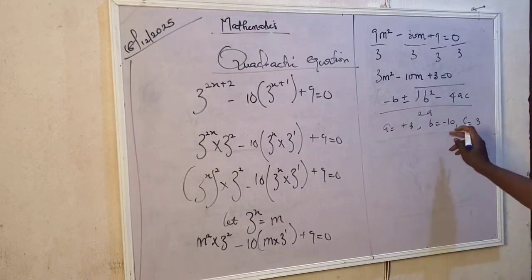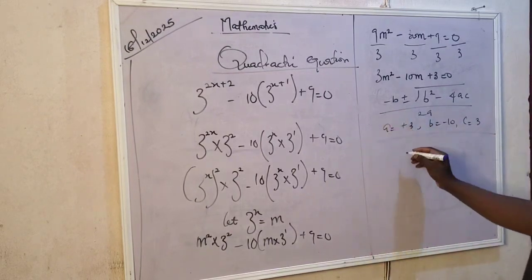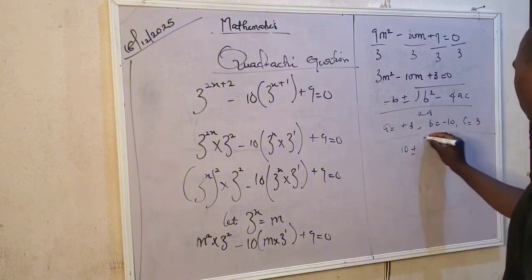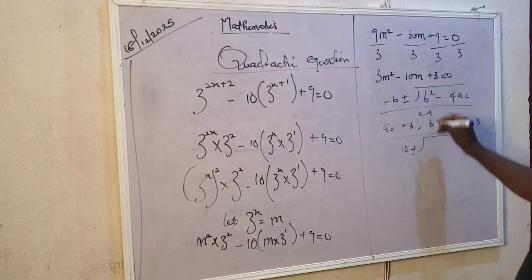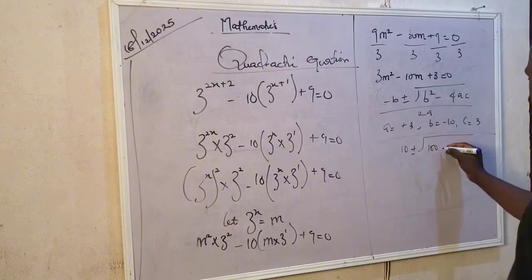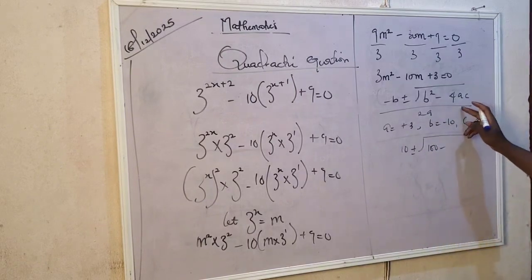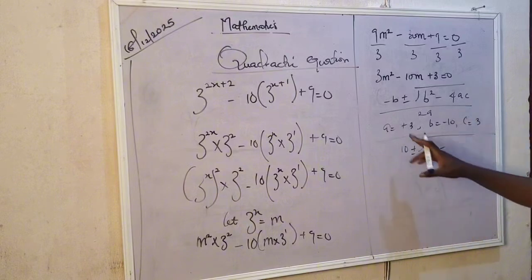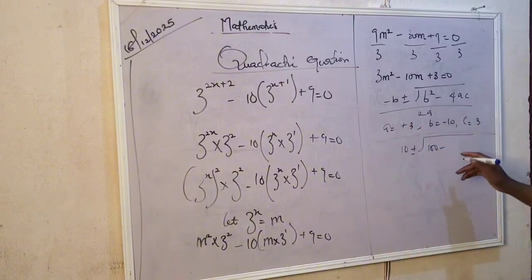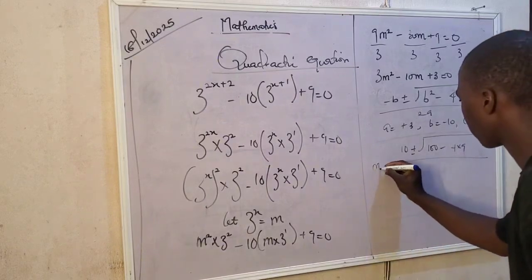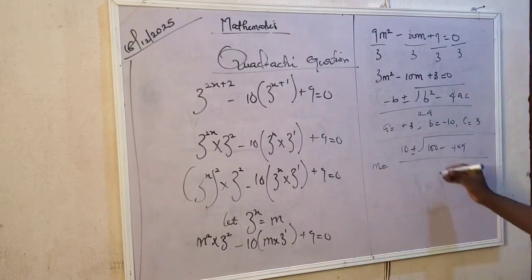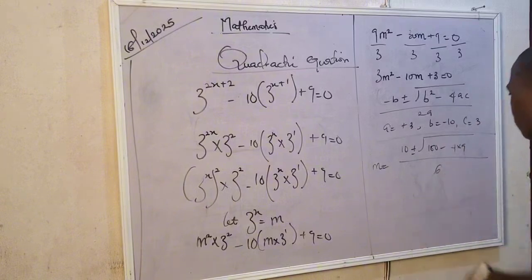So substitute: b is negative 10, so it becomes 10 plus or minus the square root of b squared, which is 100, minus 4 times a, times c, that is 4 times 3 times 3, which becomes 4 times 9, all over 2a, that is 2 times 3, which becomes 6.